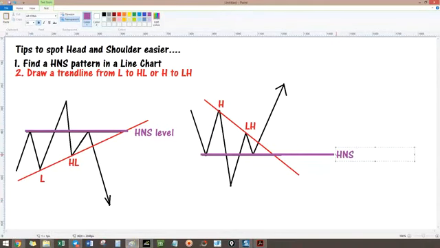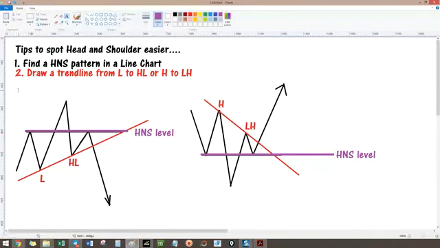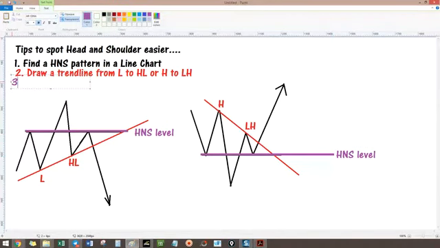HNS level. 3, mark the HNS level from left shoulder to the right.